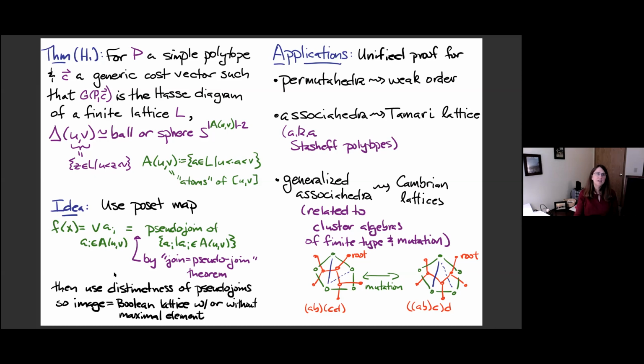And so from that, we get that the order complex of that open interval is homotopy equivalent to either the order complex of a Boolean lattice with its top and bottom chopped off, or with the top left in, so either a sphere or a ball. One thing I want to remark is that the hypotheses here are exactly the same hypotheses as I have for my conjecture.